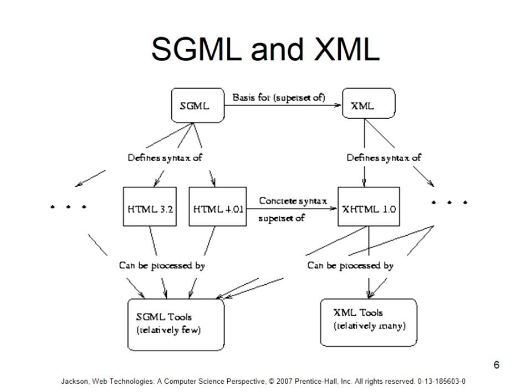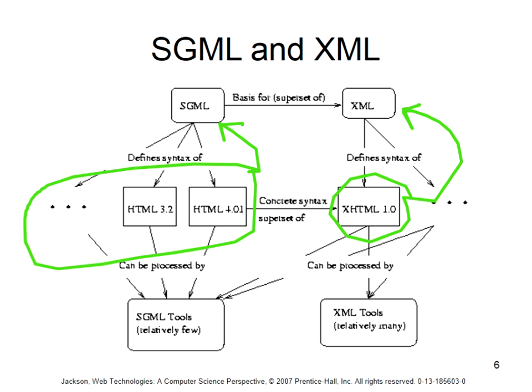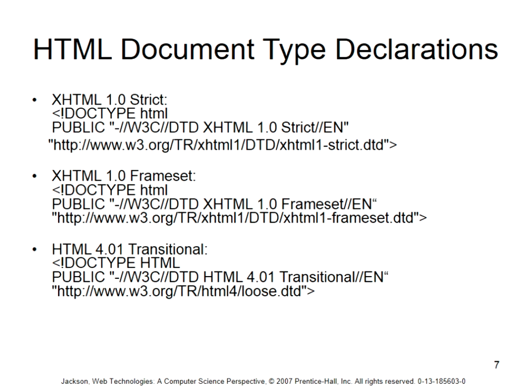XHTML 1.0 uses XML, but the previous version of HTML uses HTML. For us, we will use XHTML 1.0 as a language to create our web pages.